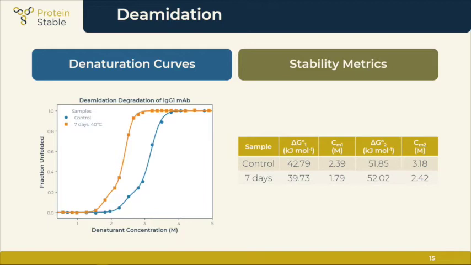And we can see that there's been a significant change in the stability of the antibody after this incubation period. Looking at the denaturation curves on the left, we can see that after incubation, the transition regions have shifted towards lower denaturant concentrations, signifying a reduction in the stability of the antibody, since less denaturant was needed to unfold the antibody.